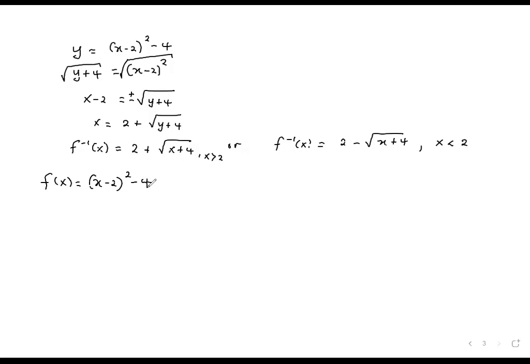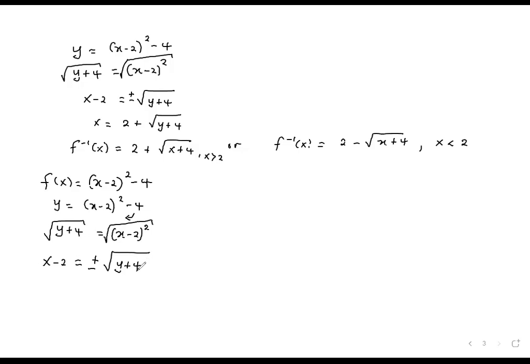Whenever we want the inverse, we let the whole function be y. So it will still be y. And then for x, it will be y plus 4. This guy goes to the other side, remaining with x minus 2 squared. If we square root both sides, we know that x minus 2 should come out to be plus or minus the root of y plus 4.